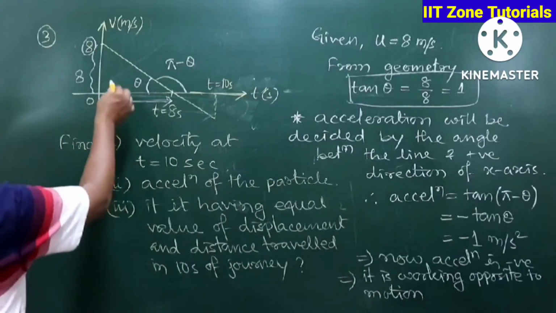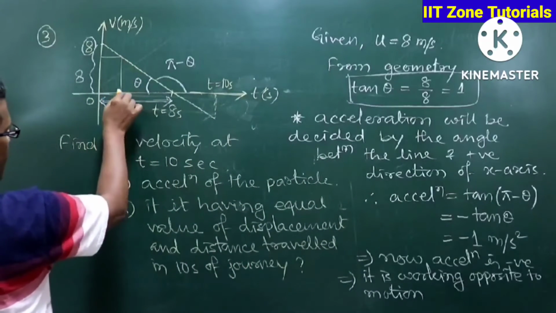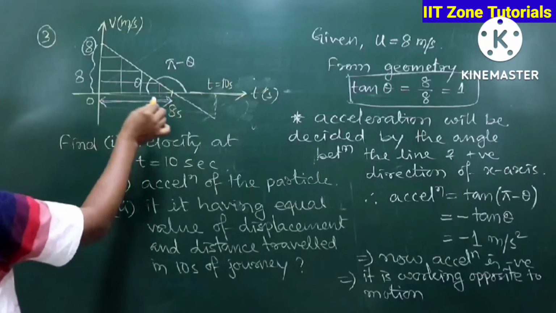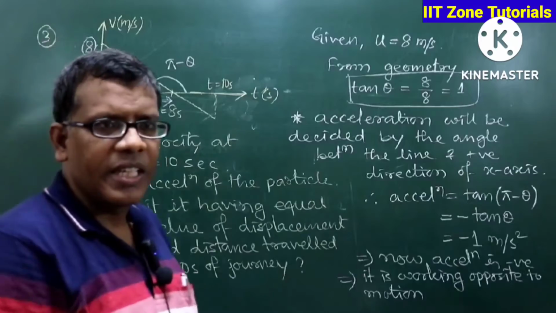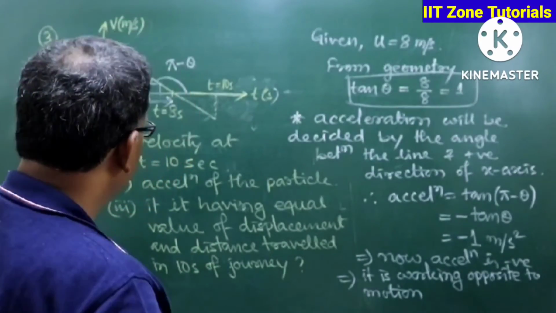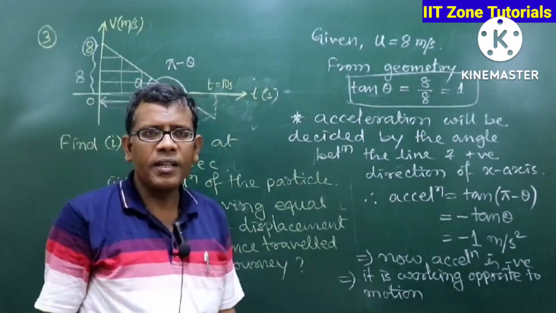You can see that with increasing time coordinate, the y coordinate is decreasing, right? This is the indication that velocity is decreasing with increasing time. Are you getting it or not? Tell me. Are you thorough with it?